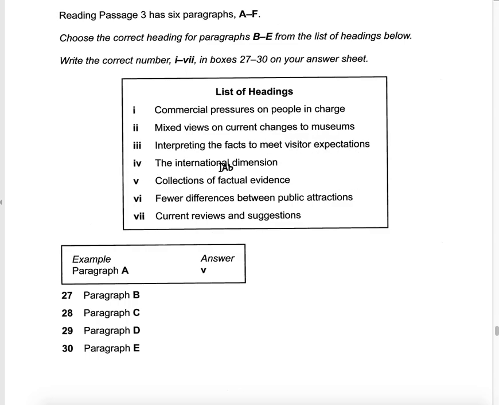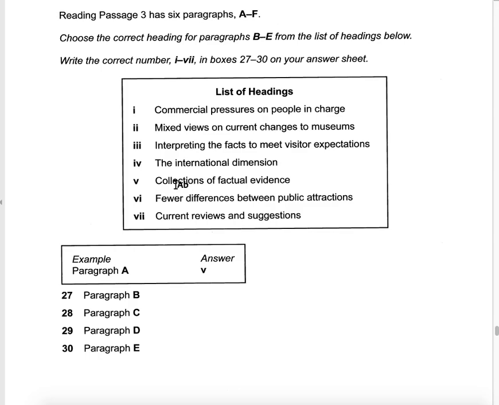4, the international dimension. So the dimension, okay, aspect, part, sphere. 5, collections of factual evidence.